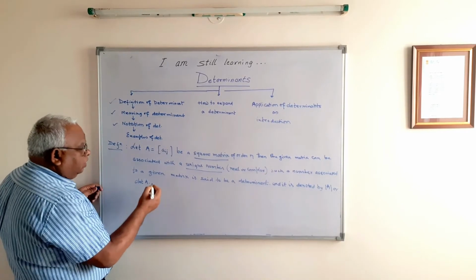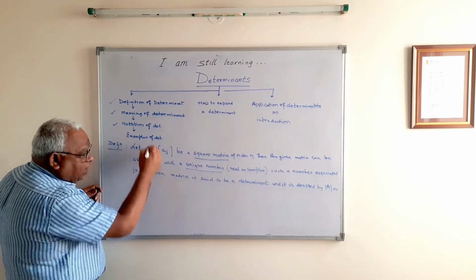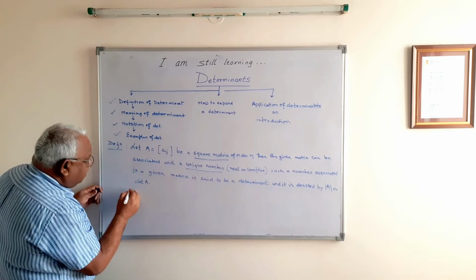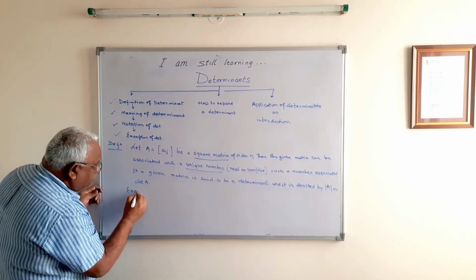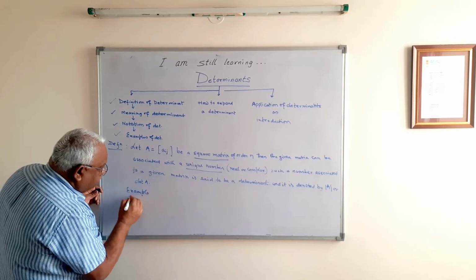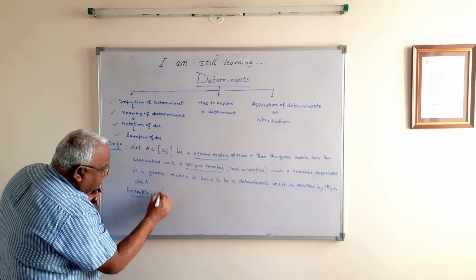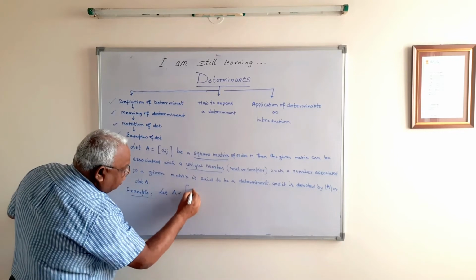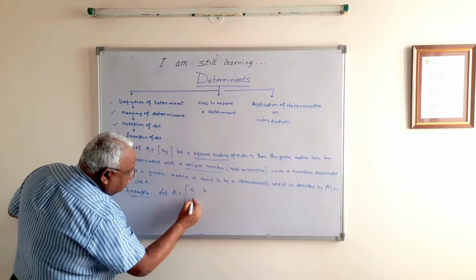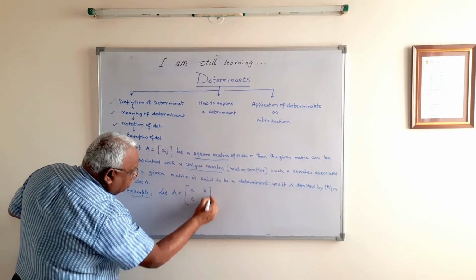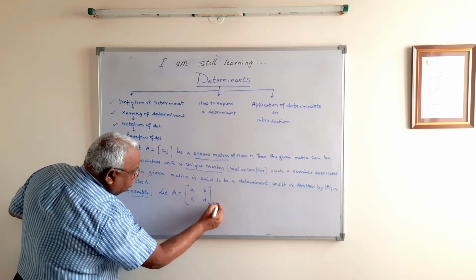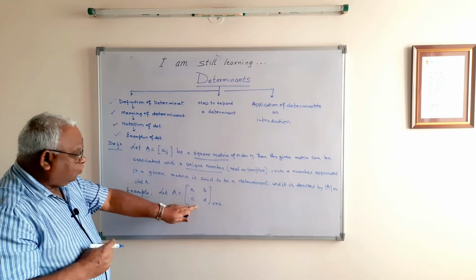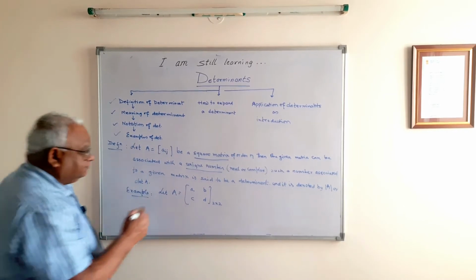Now let us try to understand the meaning more clearly by taking an example. Let A is equal to A, B, C, D be a 2 cross 2 square matrix.